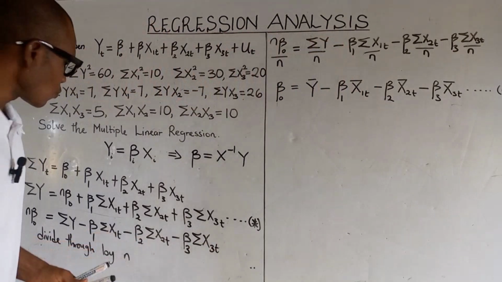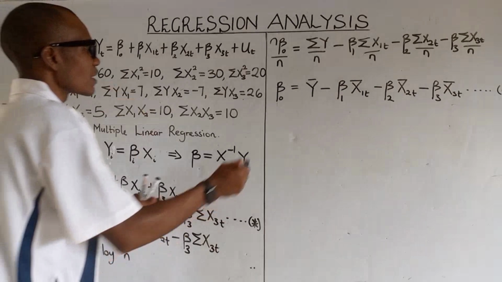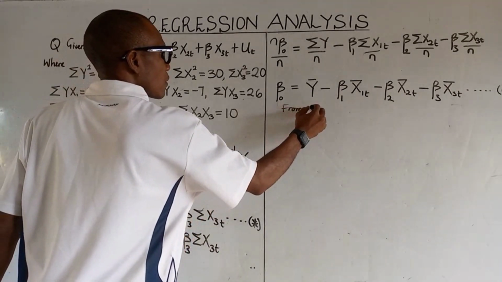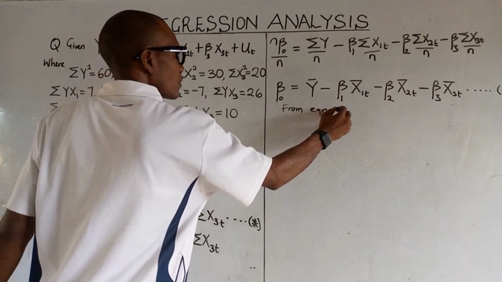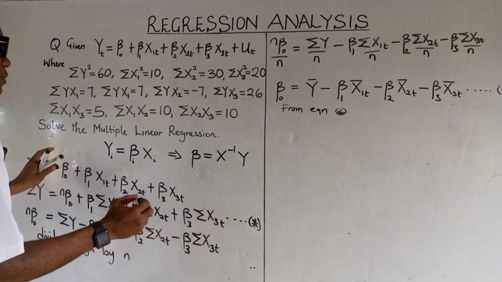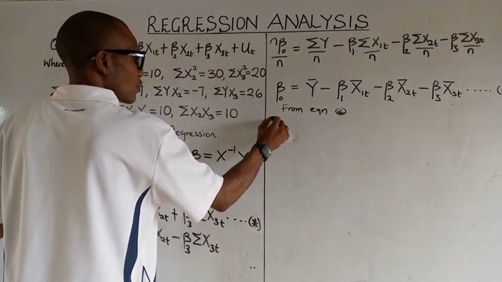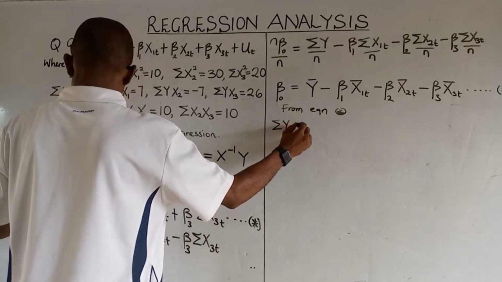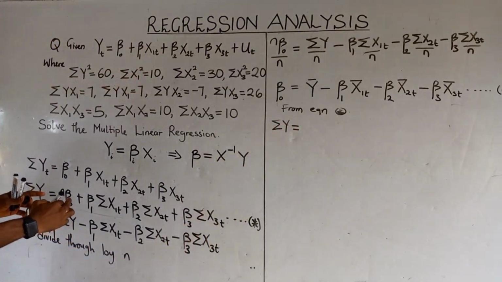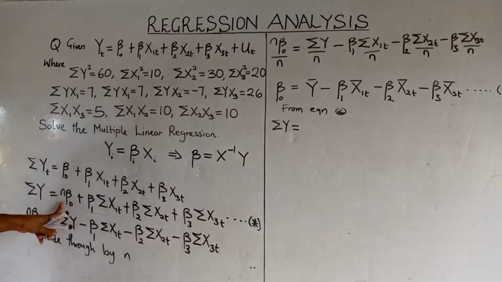So the next thing to do is to see how we put all of these things into a matrix format. So we start from equation star, which is this. We have summation of y equal to, this time we have to leave the whole of this because we've known what n b0 is.